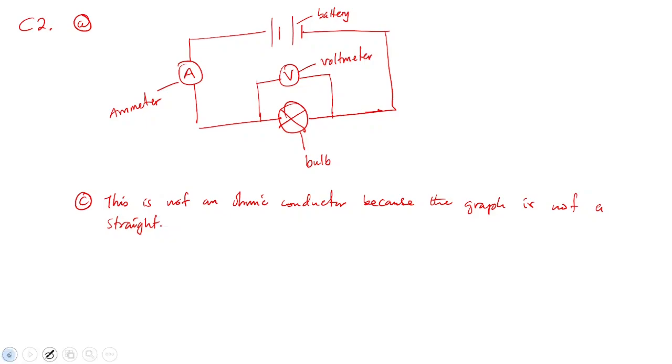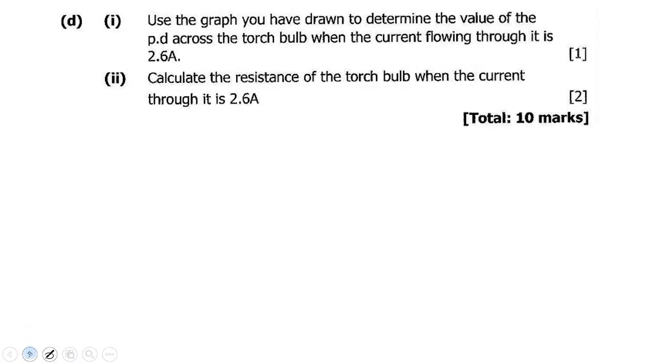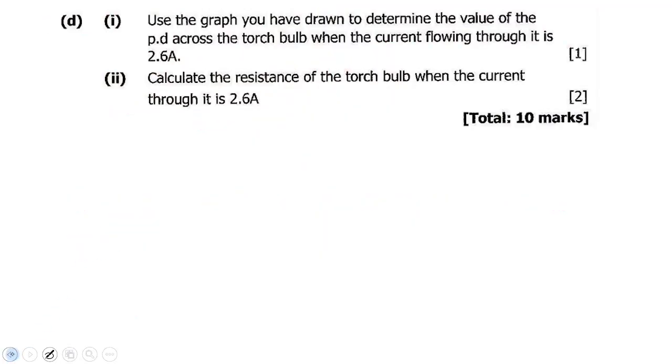Then we come back to this other one, which is the D1. They're saying use the graph you have drawn to determine the value of the potential difference across the torch bulb when the current flowing through it is 2.6 amps.